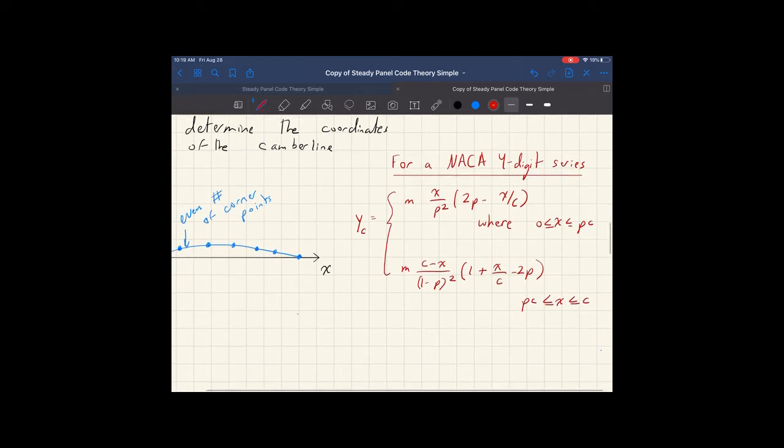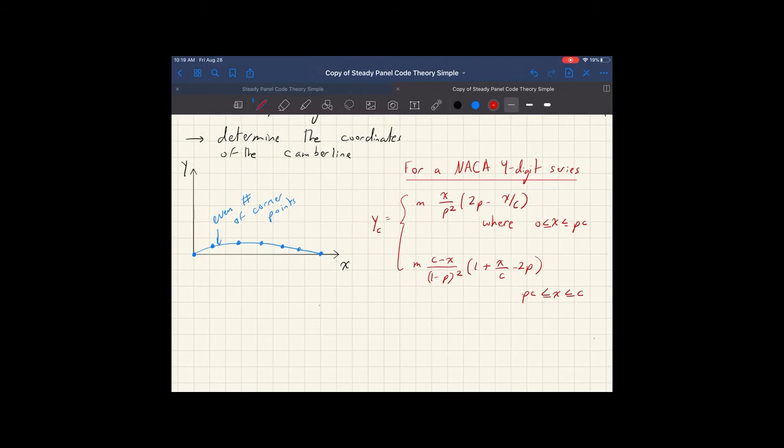Okay, so here the x is obviously the position along the x-axis, and yc is the vertical or y-coordinate of the camber line. So basically a corner point here would have the position x, yc. Now, M represents the maximum camber and P represents the position of the maximum camber.